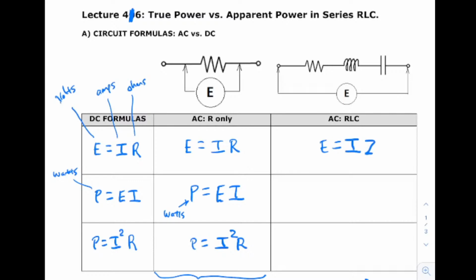Now this is still going to be RMS and RMS. That's not different. Whenever you have AC, you're talking about RMS values of E and I. But in Ohm's law, instead of having an R, it has a Z in it for the total impedance. Remember, Z kind of means R, but you can't call it an R. And why can't you call it an R anyway?